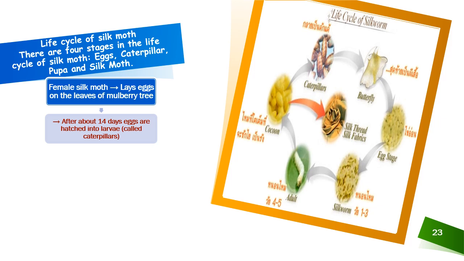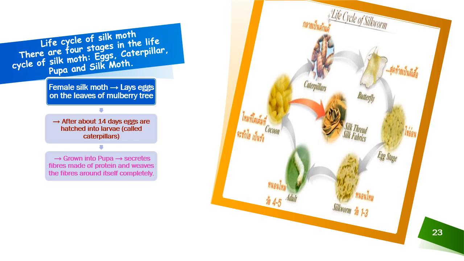After 4 to 6 weeks, they achieve their maximum size and stop eating. A fully grown silkworm attaches itself to a twig and stops moving. It weaves a cover around itself and is called a pupa. The pupa starts secreting silk fibers from the glands in its head until it is completely covered with them.